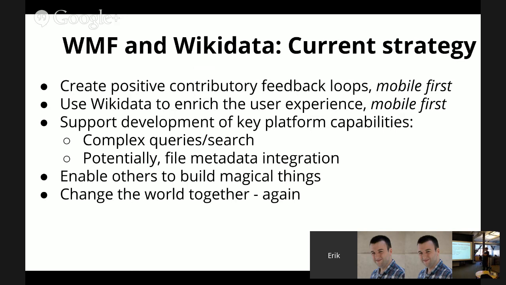But generally speaking, I just want to highlight there are really key platform capabilities in Wikidata that are missing. And the Wikidata team in Germany is doing amazing work, but WMF has a greater ability to leverage key resources quickly to help make key platform capabilities happen. And so we have to partner up to identify what's missing to help this project really achieve liftoff.